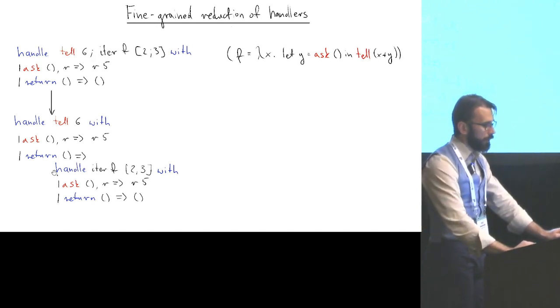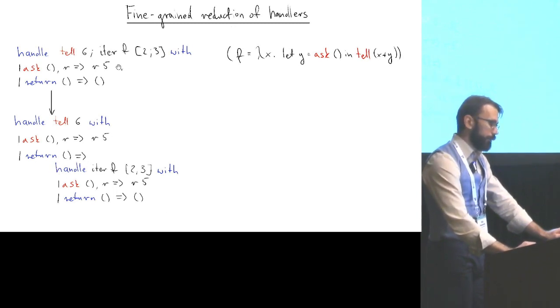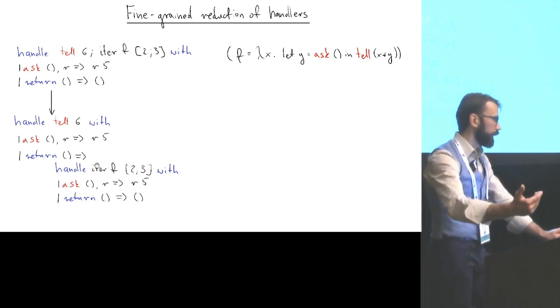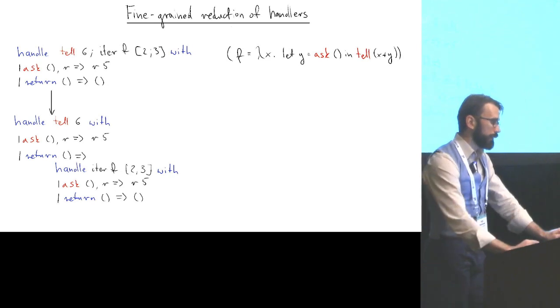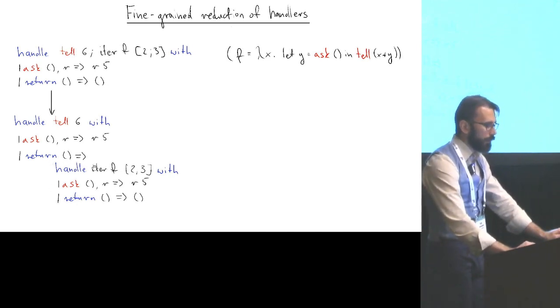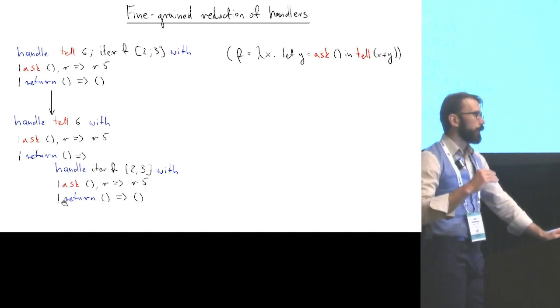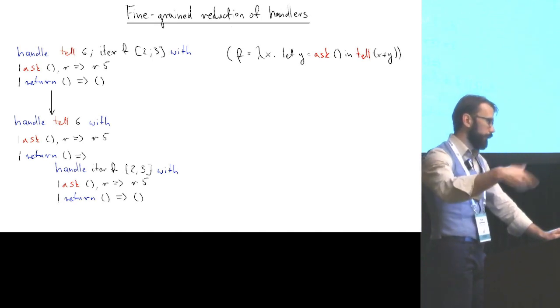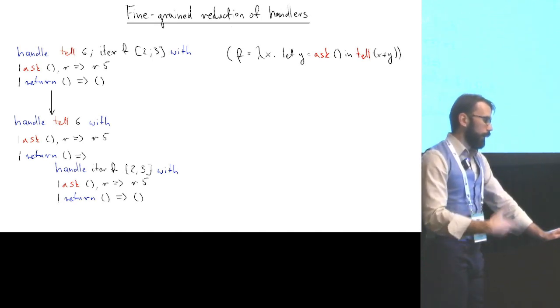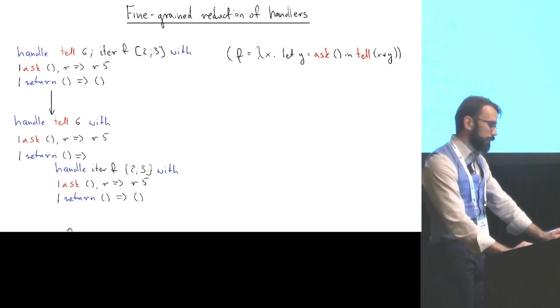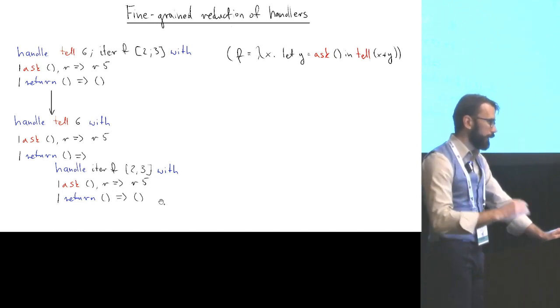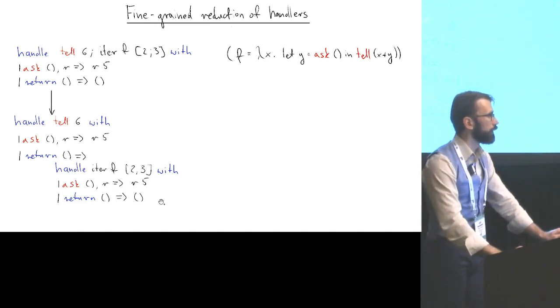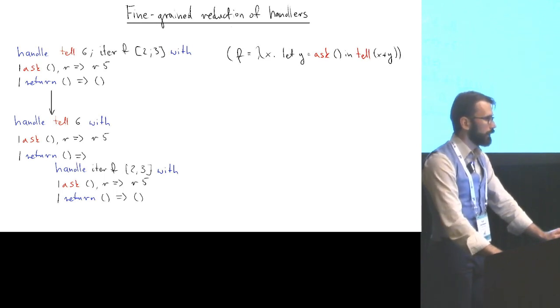And see here, the continuation of the tell operation gets passed to the return clause of the handler and wrapped inside the handler. And what we can see here is that this duplication is what will allow us to reduce further and further and further going forward. So we can sort of believe that this will possibly eat the entire list, iterate through the entire list.